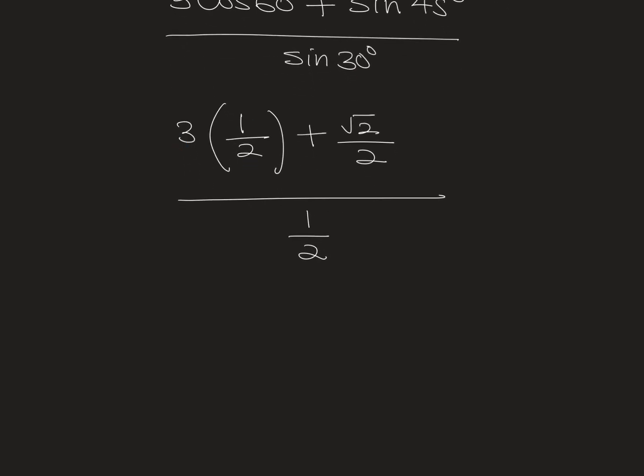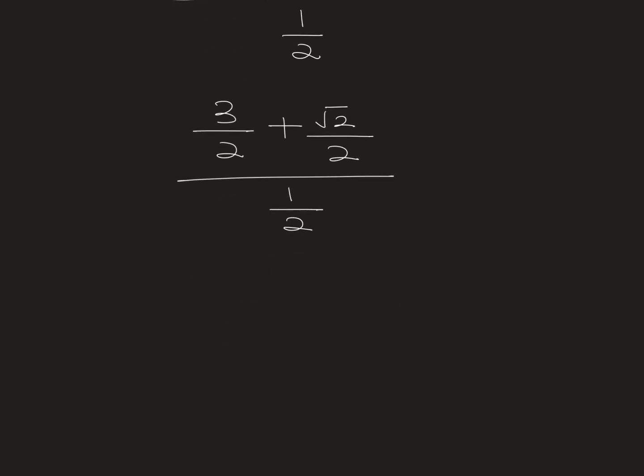So 3 times 1 over 2 is 3 over 2, plus root 2 all over 2, divided by 1 over 2. We're going to say 3 over 2 plus root 2 divided by 2.